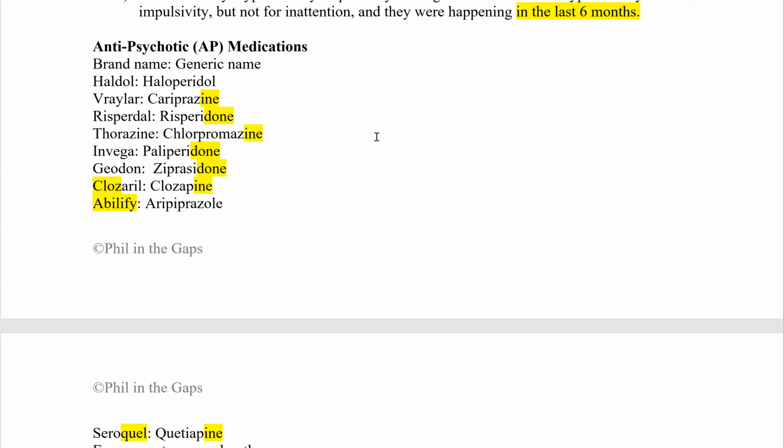And those are the easy ways to remember. The generic side has INE or done at the end. In the brand name, just a couple of them. Clozaril closes the door on their psychosis. Abilify improves their ability to handle their psychosis. Seroquel puts a quill into their psychosis to change their situation around.